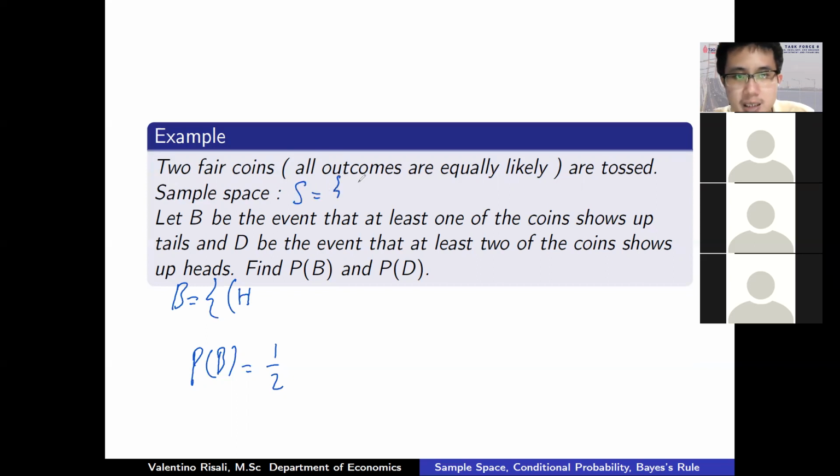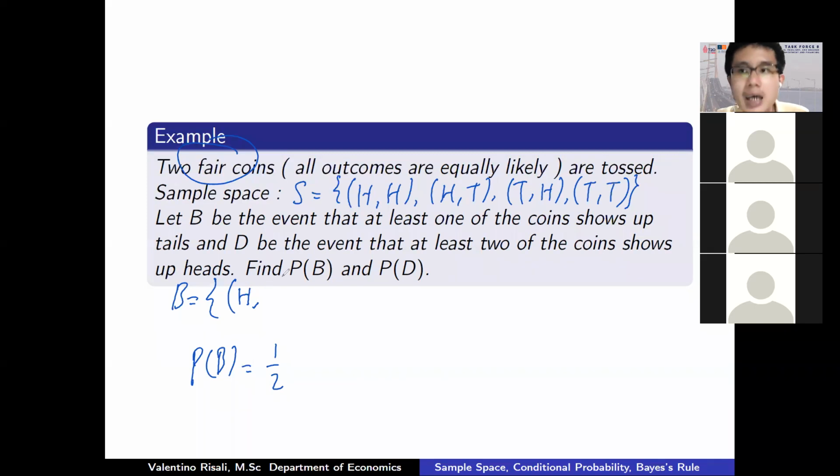What is the sample space? Two coins: heads, heads; heads, tails; tails, heads; tails, tails. Like this, right? Yes. And then for B, at least one coin shows up tails.